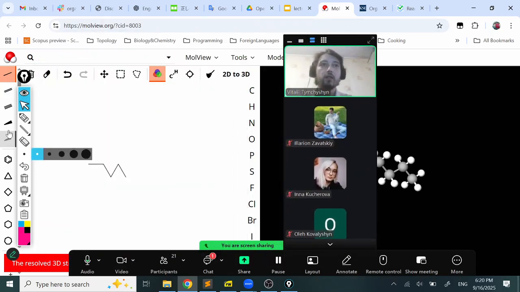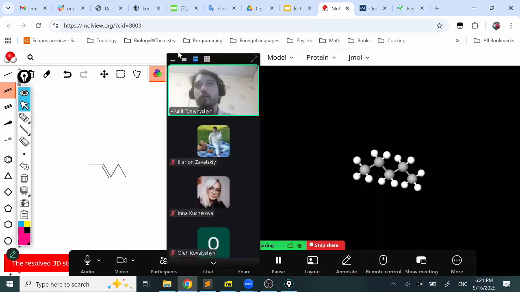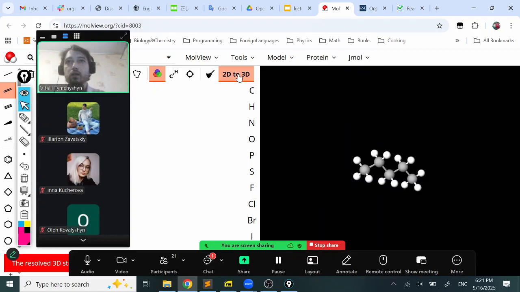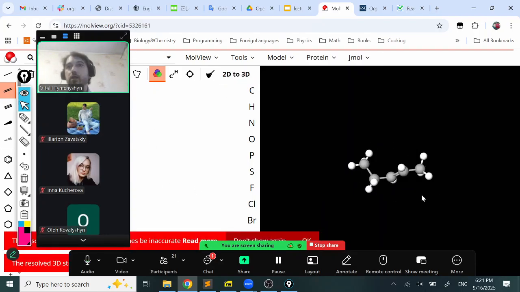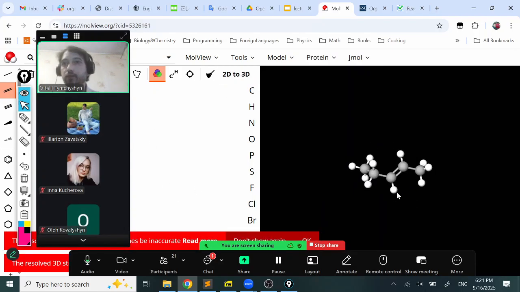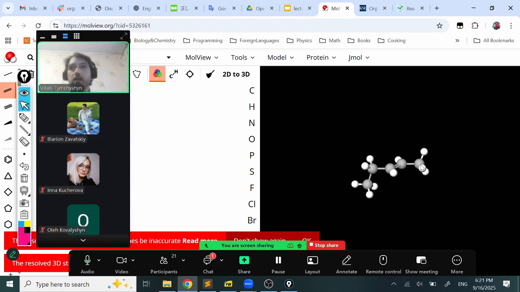Now what happens if I add a double bond? So I add a double bond. That drawing is bad, but the 3D should be more or less okay. So what do you see? Here we have a sigma bond and a pi bond. And what it does to the structure is that they became more like a plane. They are rather planar than pyramids.